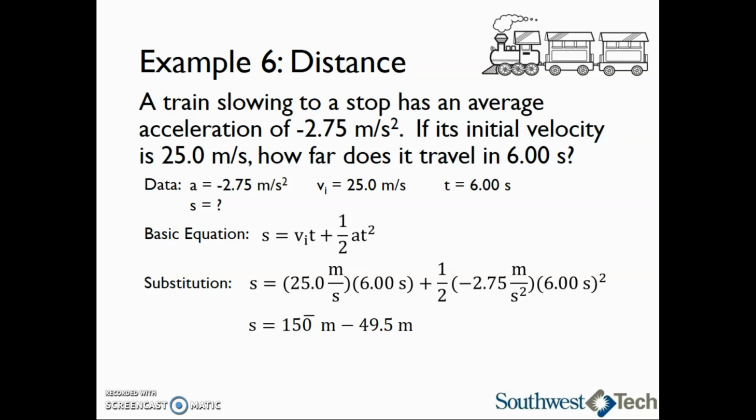We are left with units of meters because meters per second times seconds leaves us with meters, and meters per second squared times seconds squared also leaves us with meters. Subtracting and then rounding to the nearest whole number, because our least precise number, 150, is only precise to the nearest whole number, our answer is 101 meters. This concludes our examples of the accelerated motion formulas.